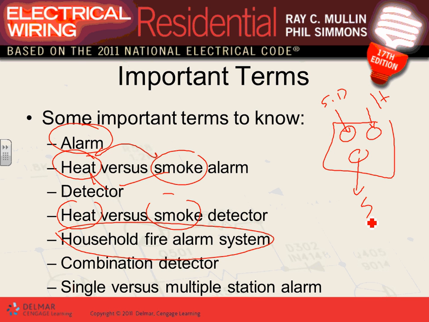When you wire it in a dwelling, the cheapest way, especially in single family dwellings and two family dwellings, they use this device that has a horn, strobe, as well as a smoke detector in one. Versus in a commercial, look at this. We have a smoke detector sitting right above your head, with the horn and strobe separate. That's basically where the combination comes from. Single versus multi-station alarms, you can go to multiple stations to alarm and receive signals and so forth.